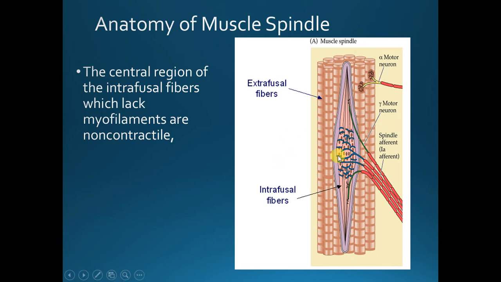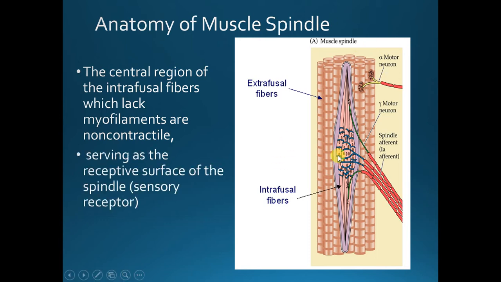Okay, serving as the receptive surface of the spindle, these are called sensory receptors. The intrafusal fibers lack myofilaments, are non-contractile, and serve as the receptor surface of the spindle, the sensory receptors.